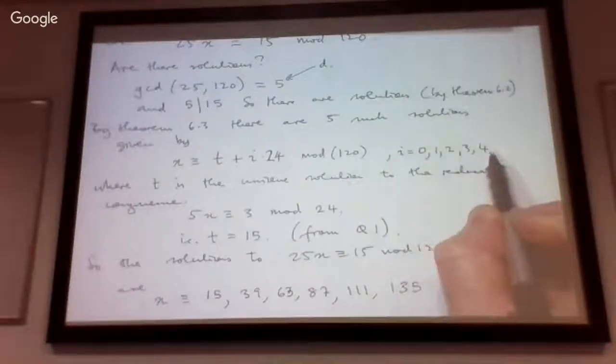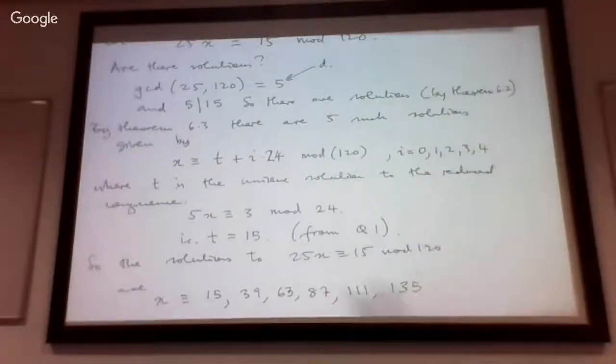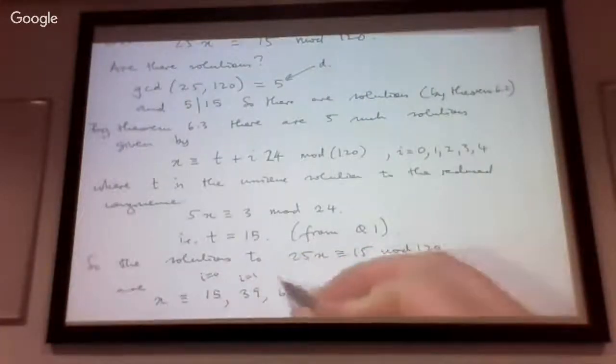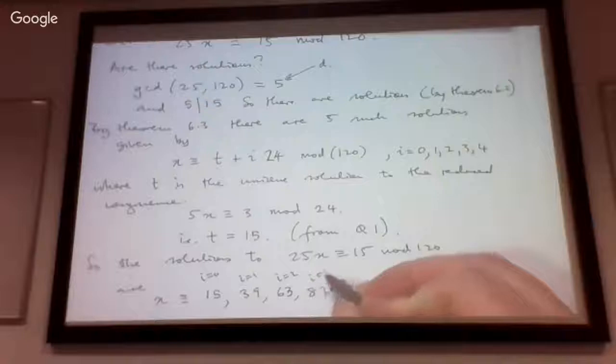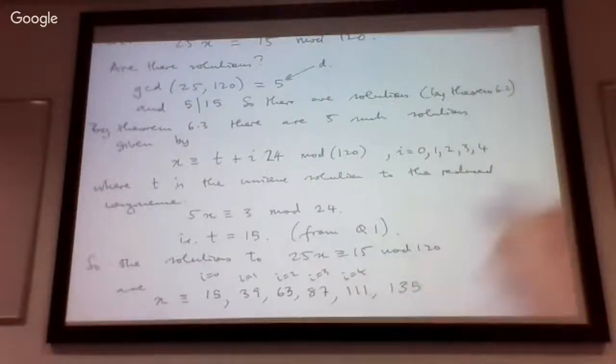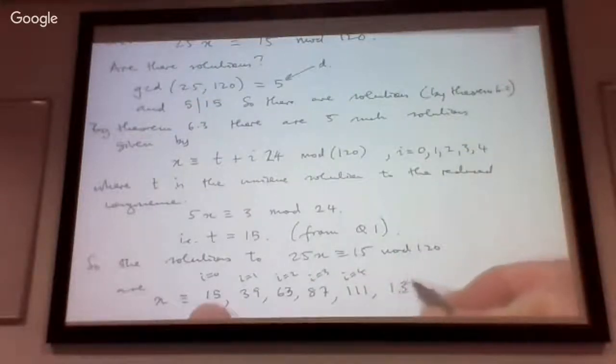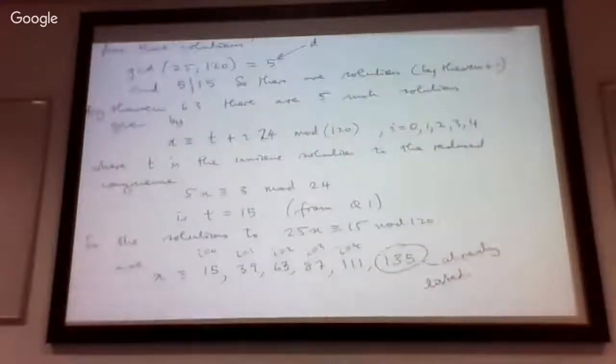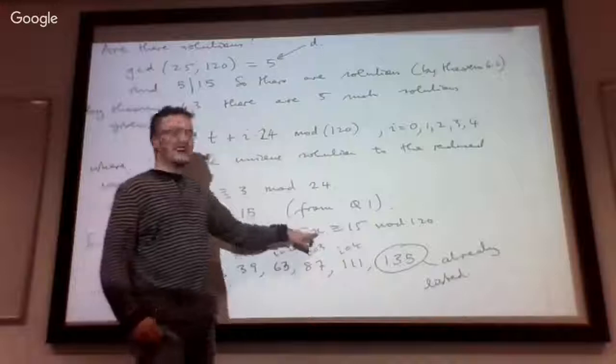We only follow the index I from 0, so this is I equals 0, I equals 1, I equals 2, I equals 3, I equals 4. If we did go one step too far, we're just back at the beginning again, so this is already listed. It's a different integer that solves it, certainly, but it's not a different congruence.